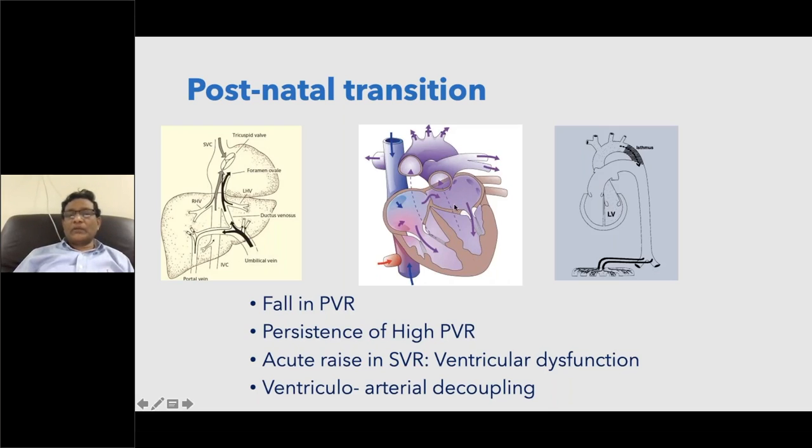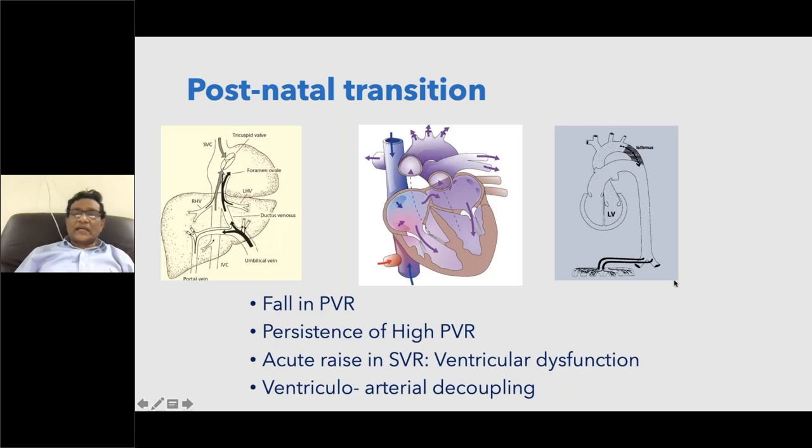The blood PO2 levels will increase. PO2 is a potent ductal smooth muscle constrictor, and PVR also will fall. At the same time, the pulmonary vascular resistance will fall, and the duct smooth muscles will start constricting.